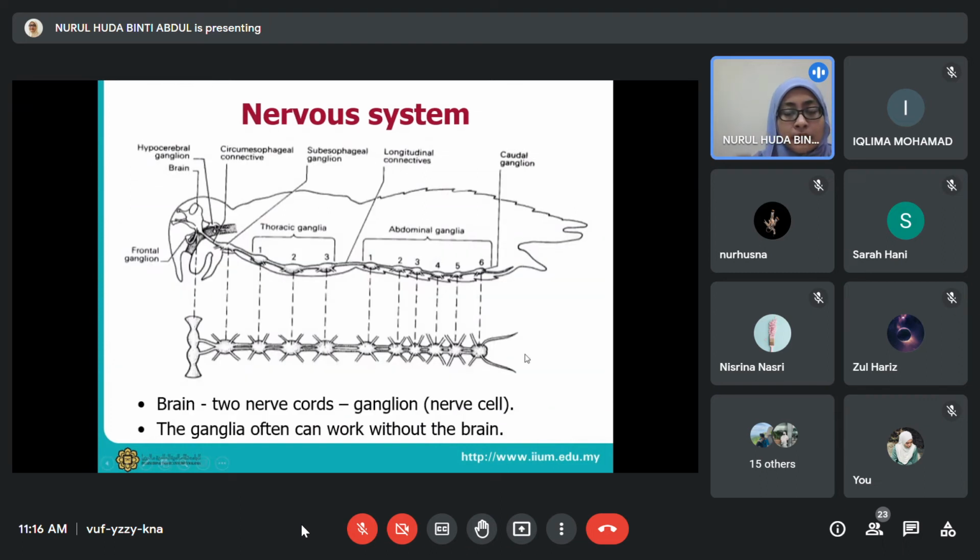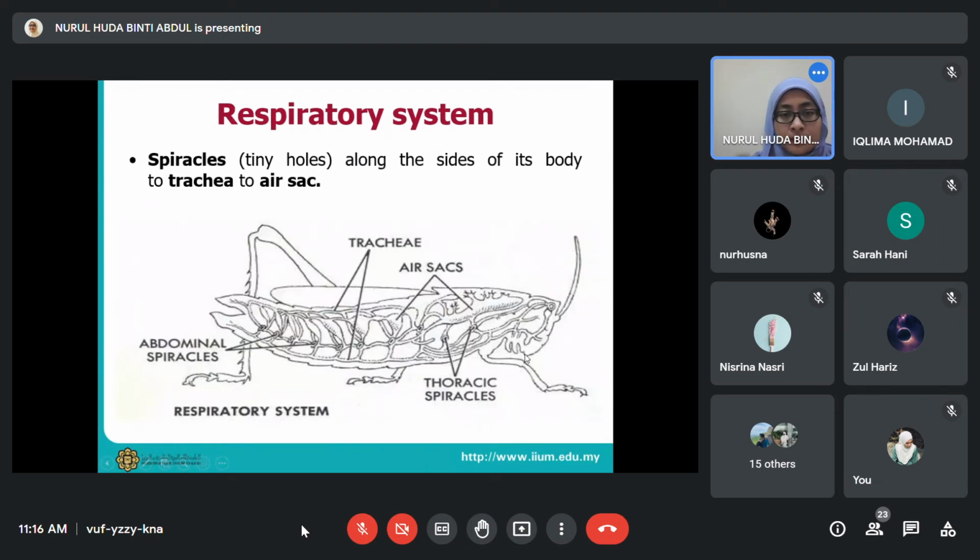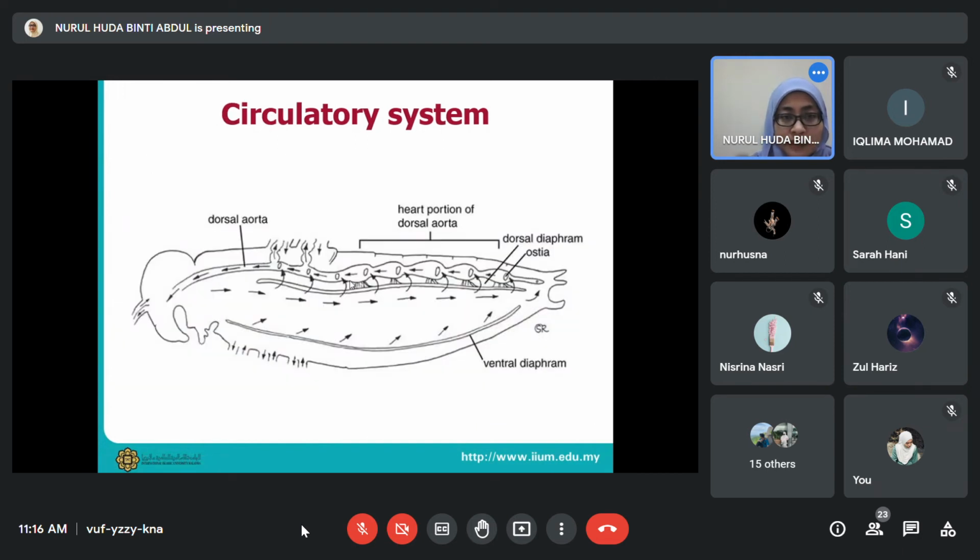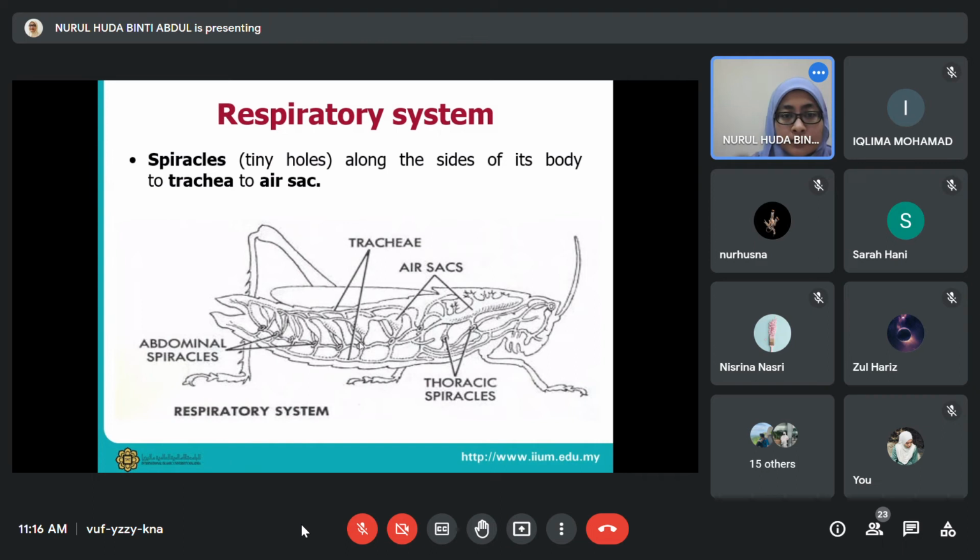Okay, and remember all these trachea and assacs is actually bathed in hemolymph tadi. And remember this hemolymph, so dia duduk dalam all this kind of liquid lah.